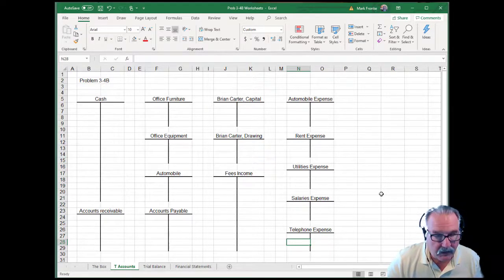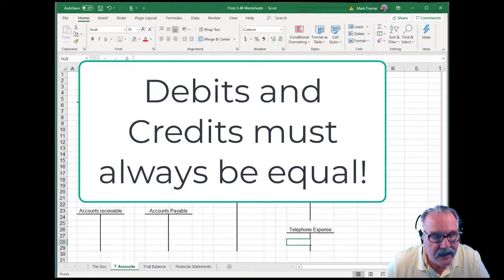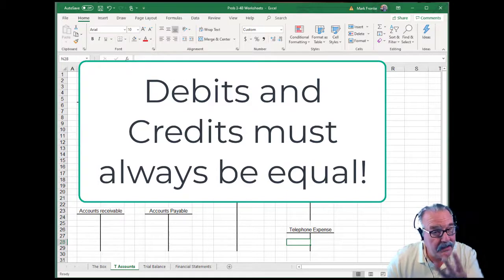So let's get started. We're going to record these transactions into the T accounts, and we have to always make sure that debits equal credits. Every transaction, we need at least two sides. We can have a compound entry, and we'll have some of those where we have three things, but it doesn't matter.